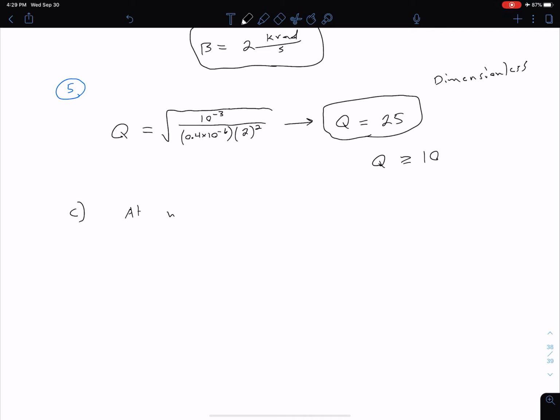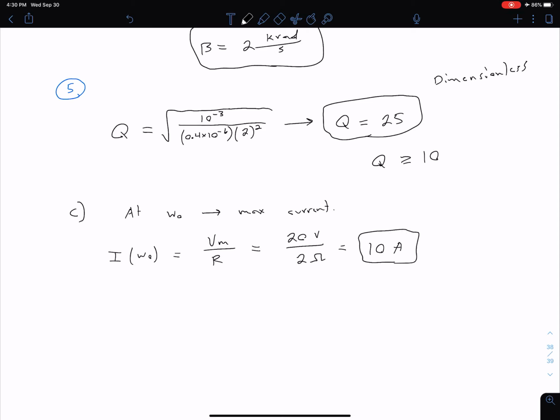So at omega naught, we have our max current magnitude, which is equal to just Vm over R, because at this resonant frequency, the impedances from the inductor and capacitor are canceling out. So plugging in values, our voltage magnitude is 20 volts, our resistor was 2 ohms, so we get that our current at the resonant frequency is 10 amps.